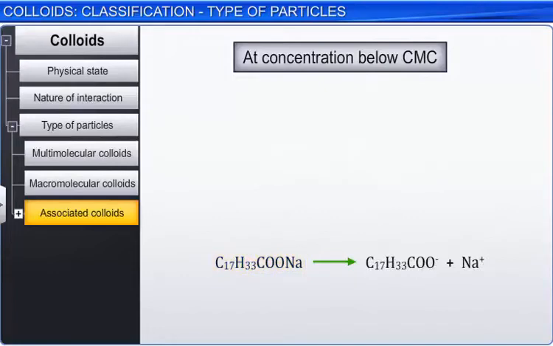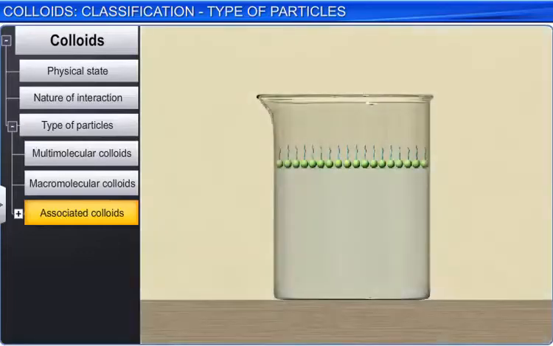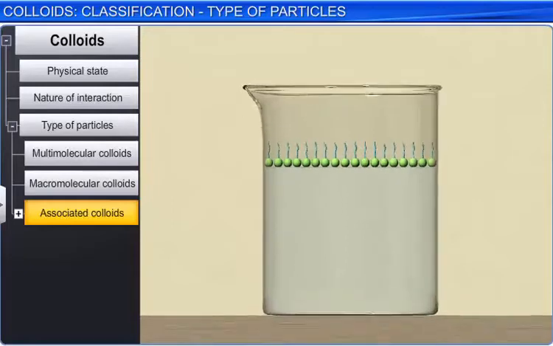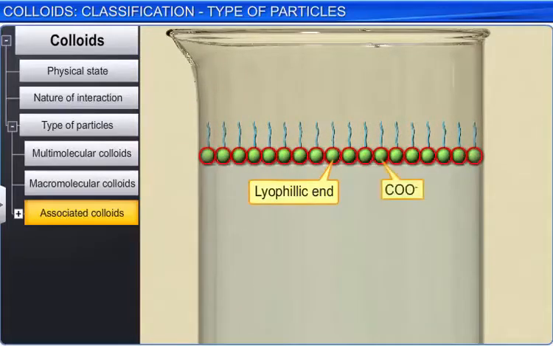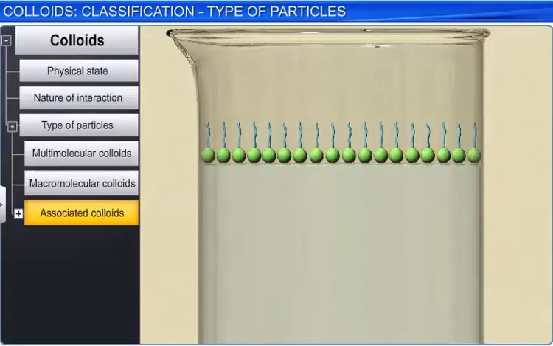These stearate ions remain on the surface of water and orient themselves in such a way that the lyophilic end of the COO- dips in water, while the lyophobic part, the C17H35 part, stays away from it. At the critical micelle concentration, the polar COO part is pulled into the bulk of the solution.